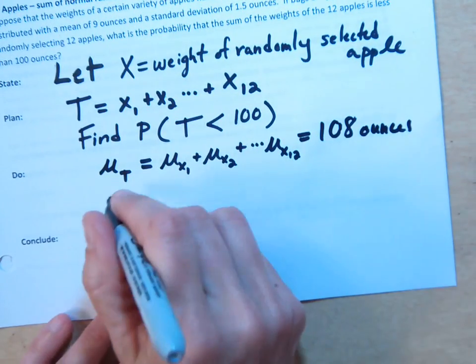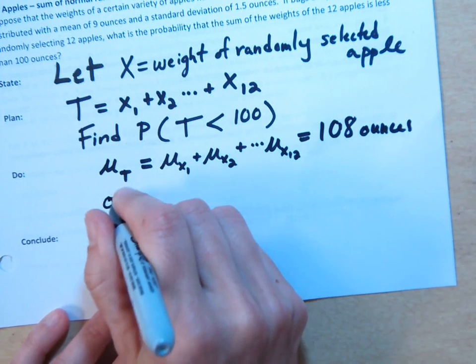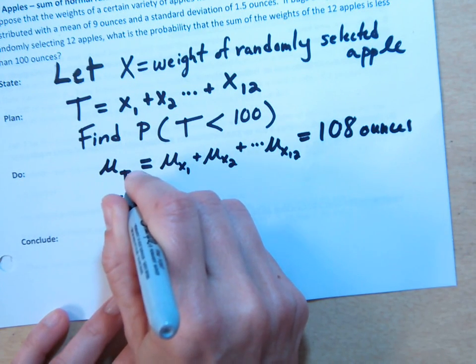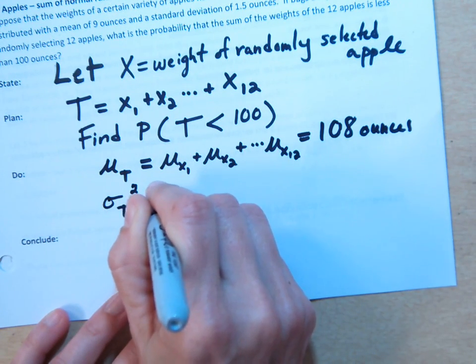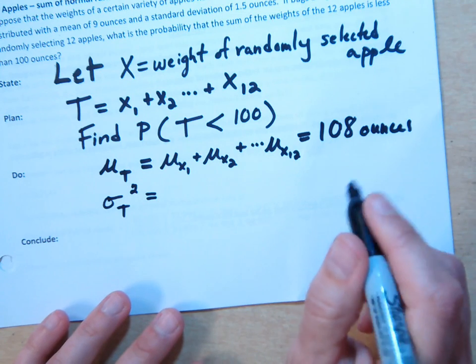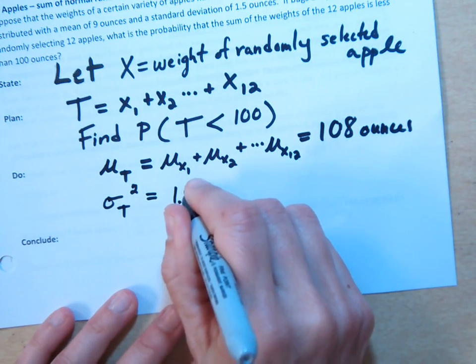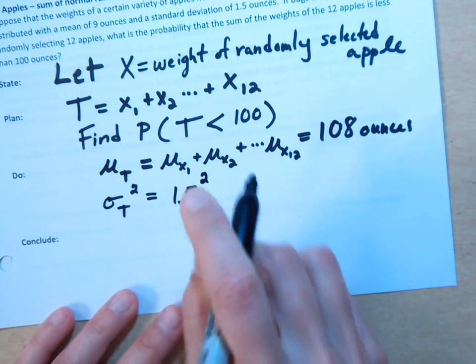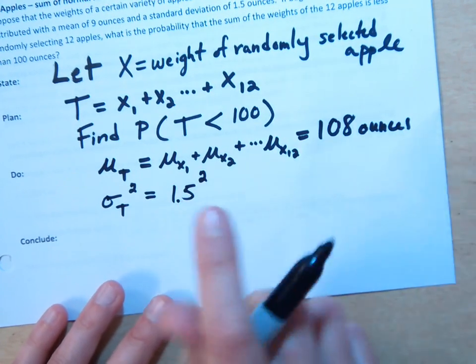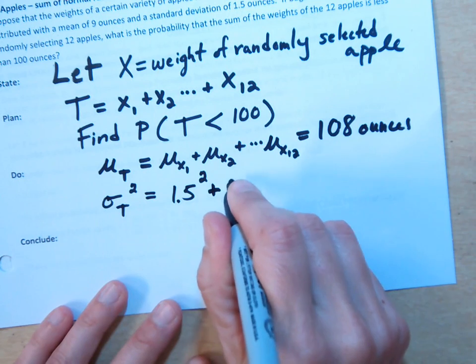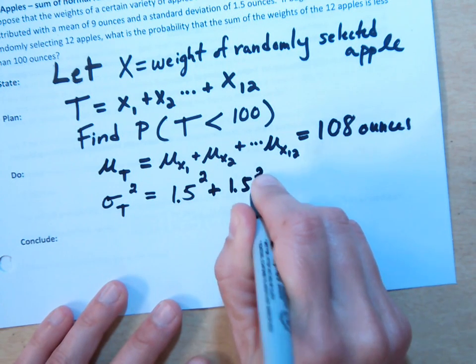For the variance, sigma squared, you would take the standard deviation and square it, so you would have the variance for each apple, and you would just add those together.